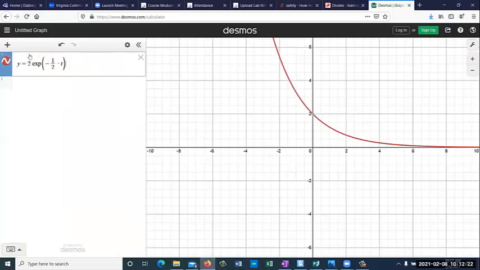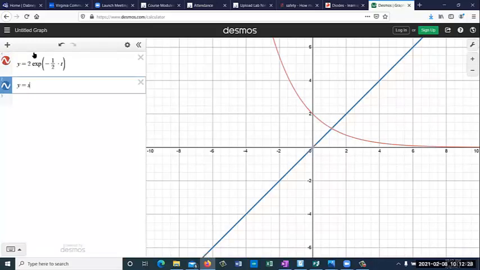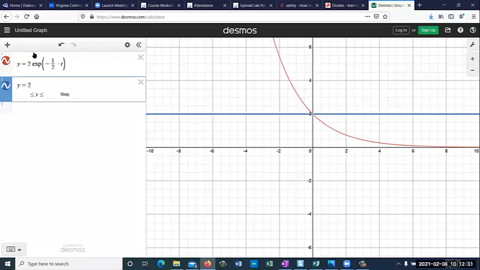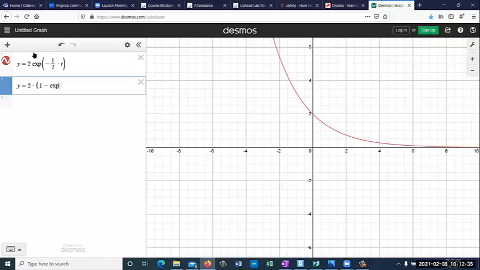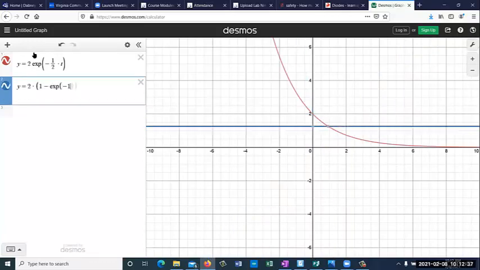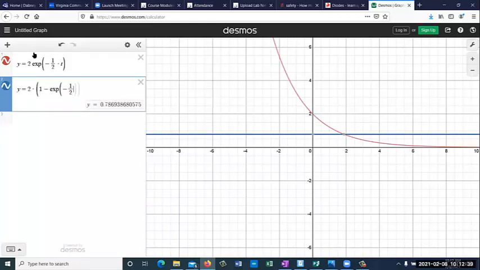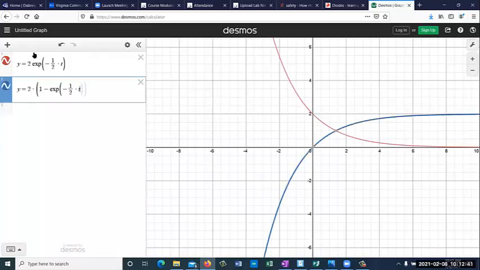So let's just push enter. We'll do y equals 2 times 1 minus e to the negative 1/2 times t, like that. And there we go. So that's the blue curve.